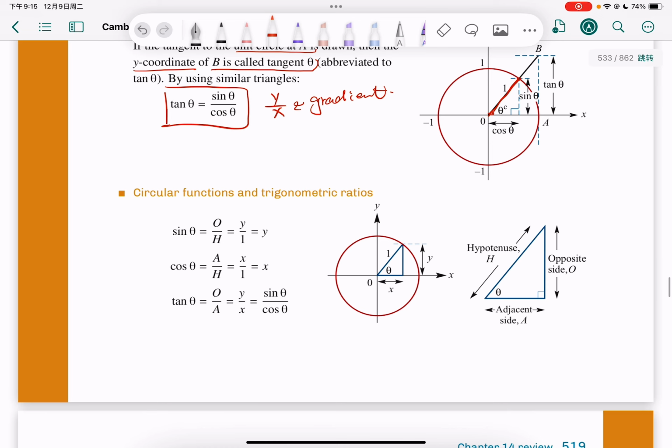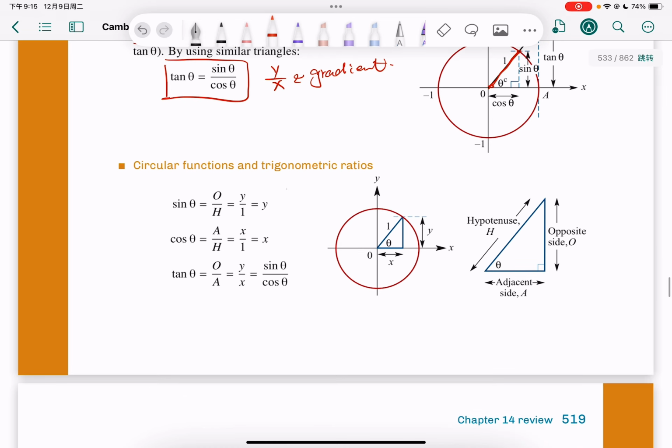Okay, let's move on to circular functions and trigonometric ratios. So how do we calculate sine theta? Let's use this triangle over here. If this angle is theta, how do we calculate sine theta by using the lengths of the sides of the triangle?